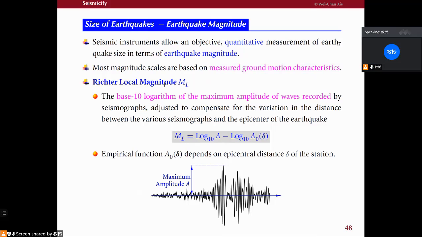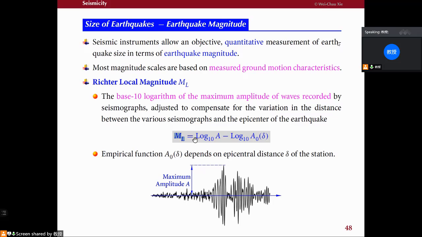It is the base 10 logarithm of the maximum amplitude of waves recorded by seismographs, adjusted to compensate for the variation in the distance between the various seismographs and the epicenter of the earthquake. So if you have an earthquake record like this, the maximum amplitude is A, then you can calculate the Richter local magnitude using this formula.